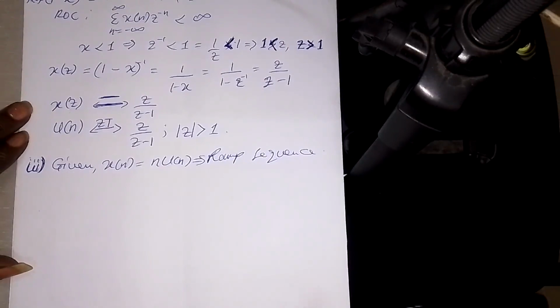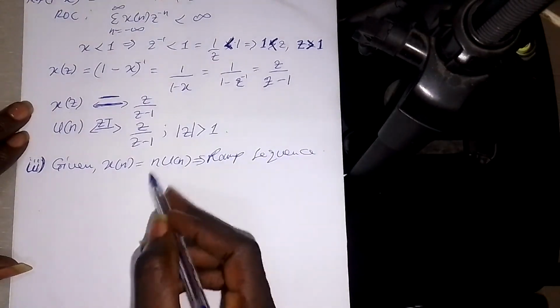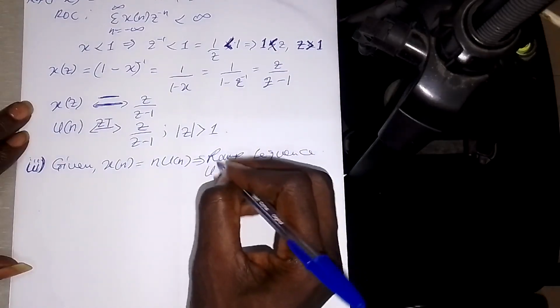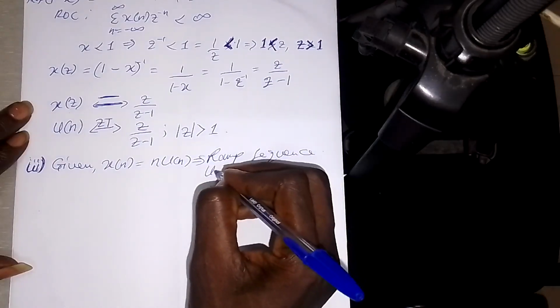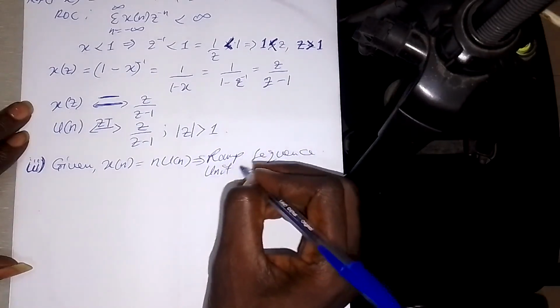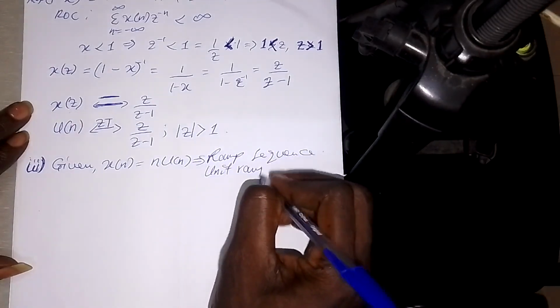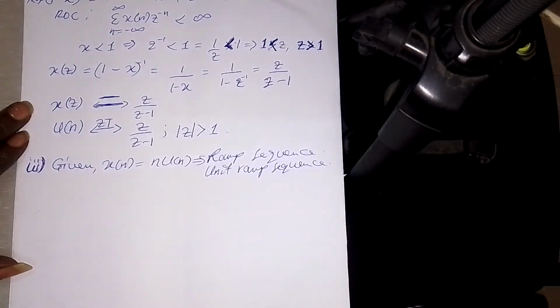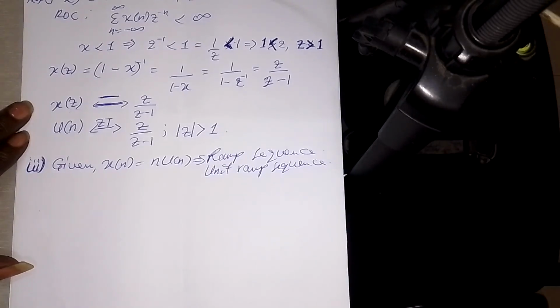This one is a ramp sequence. But here we can also call it a ramp sequence, and you will also consider it as a unit ramp sequence. Unit means 1.